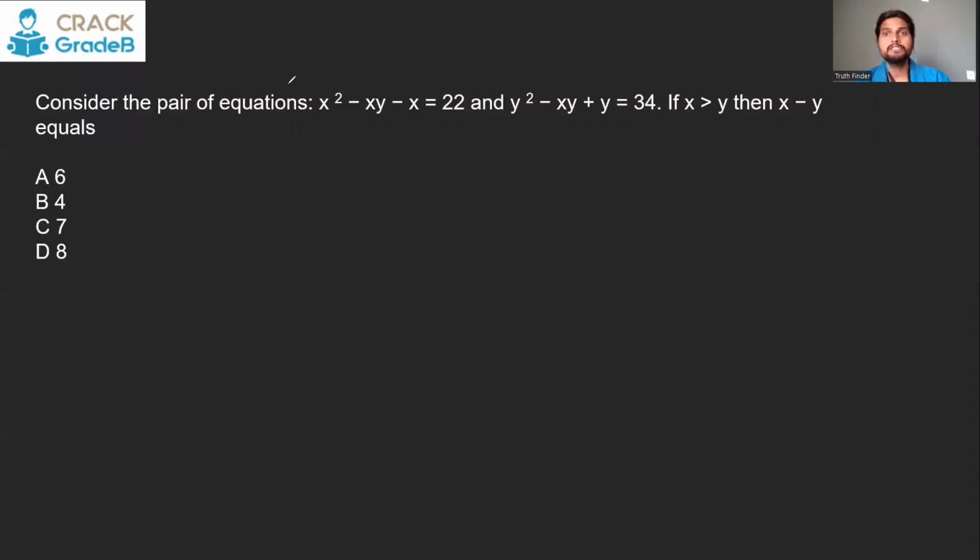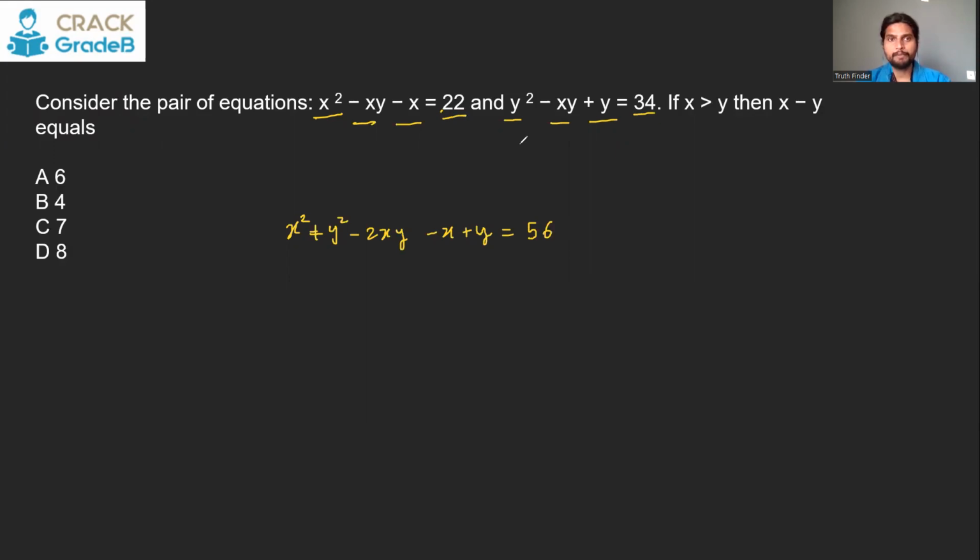Consider the pair of equations where x is greater than y. They're asking what is x minus y? Interesting question. So what we can do here is add both the equations. If you add both equations, that becomes x square plus y square minus xy minus xy, that is minus 2xy, minus x plus y should be equal to 22 plus 34, 56.